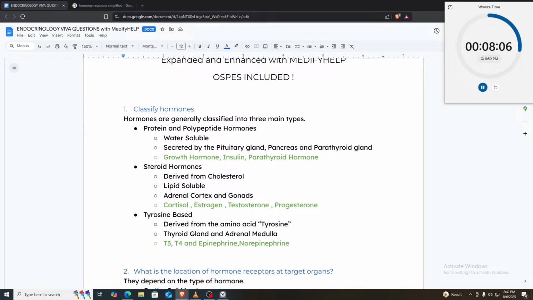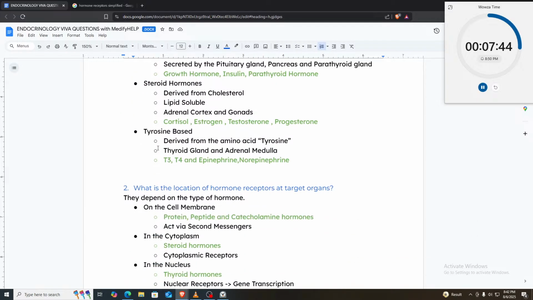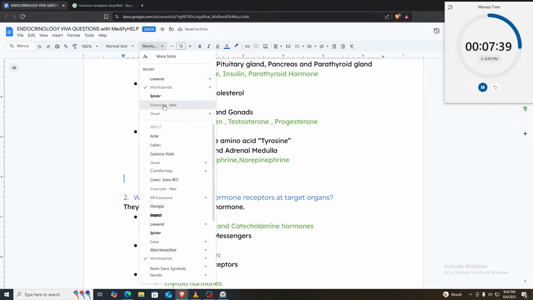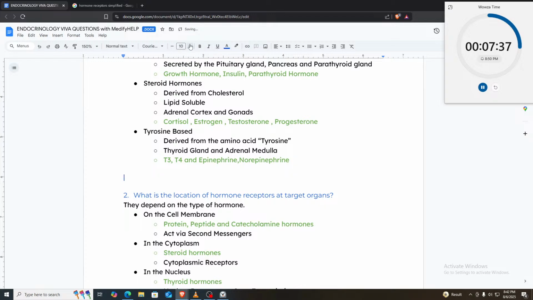So the mnemonic should be Pepset, right? Sorry, mnemonic for memory.